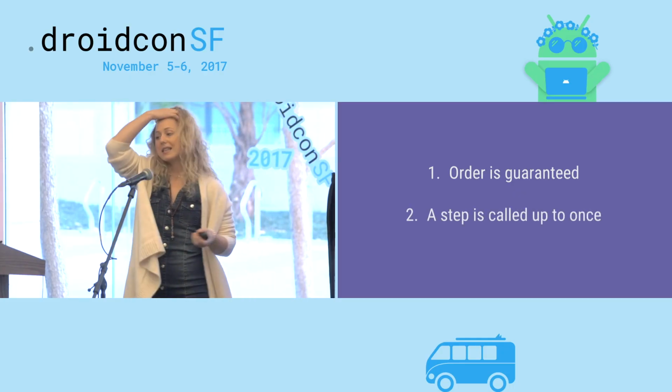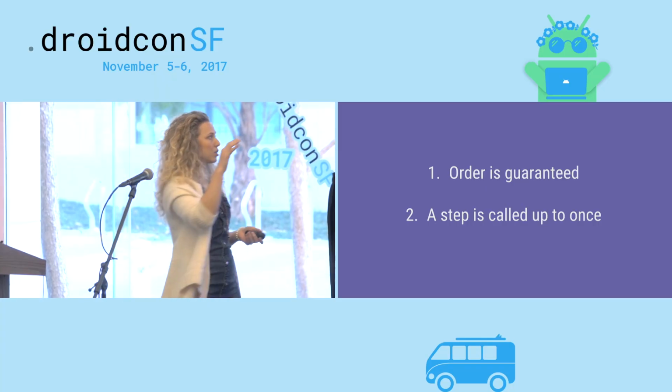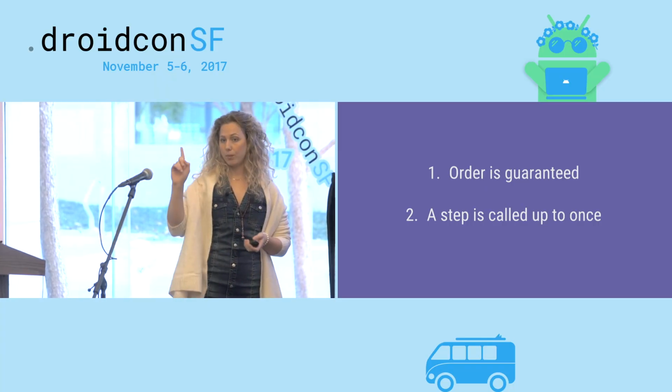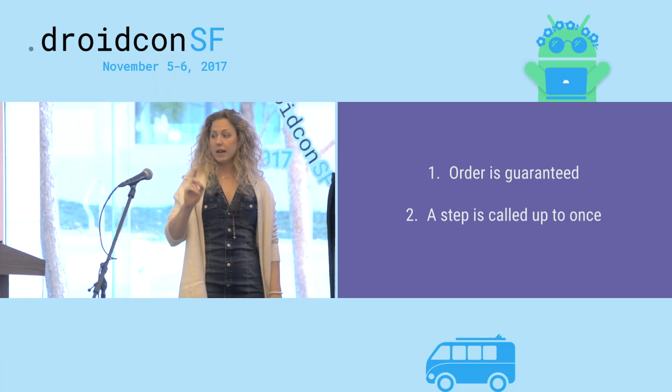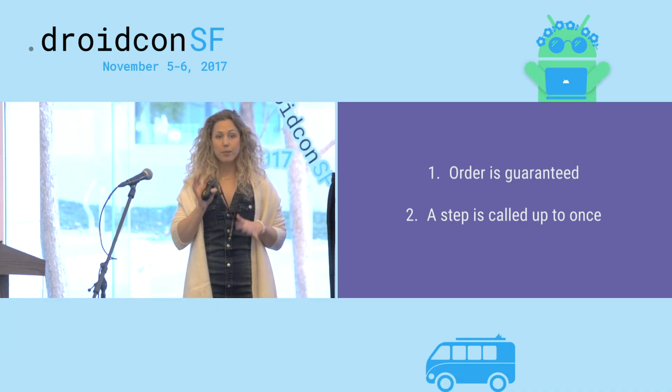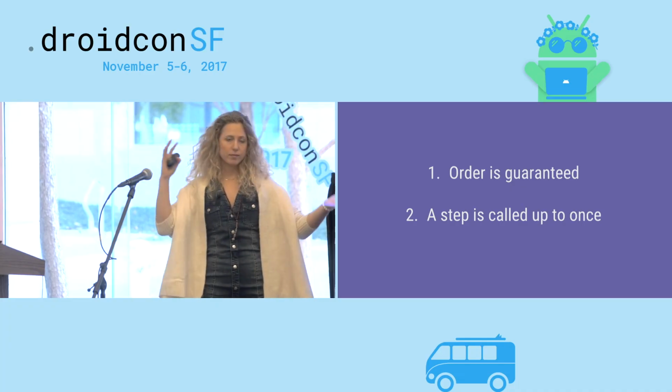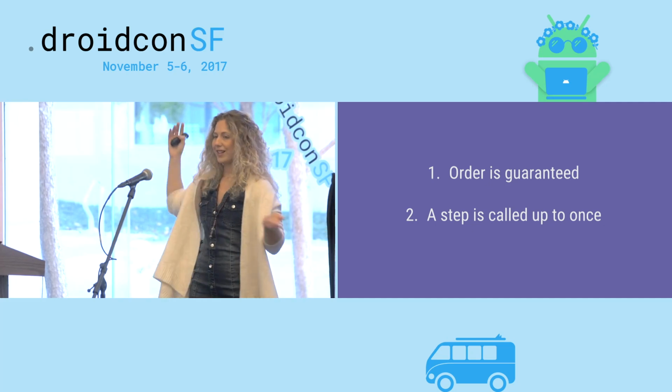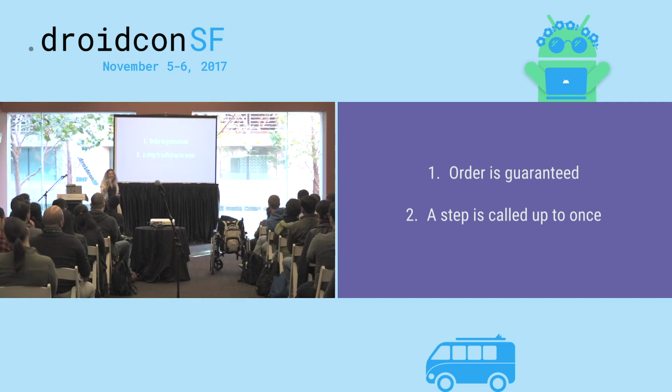The second thing is that each step is called up to once per frame. All right? So if you had implemented your own view and you called invalidate 5 times for some reason, it doesn't mean that it's actually going to invalidate 5 times. It's only going to happen once. We're going to redraw only once.